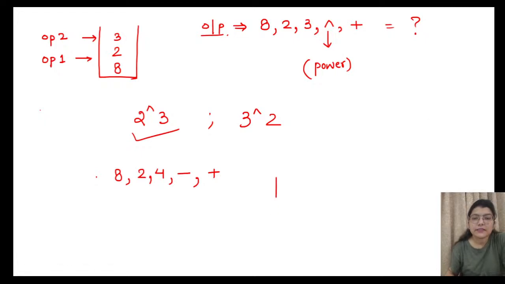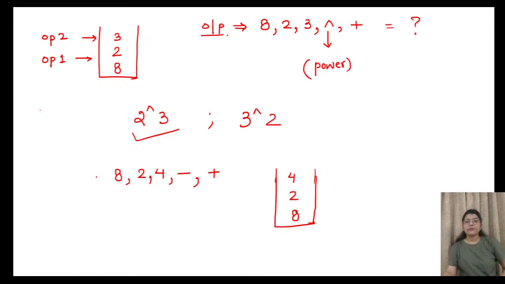We will start with the stack over here, then insert 8, insert 2, insert 4. Now what about the subtraction? Will it be 2 minus 4 or will it be 4 minus 2? What will it be?